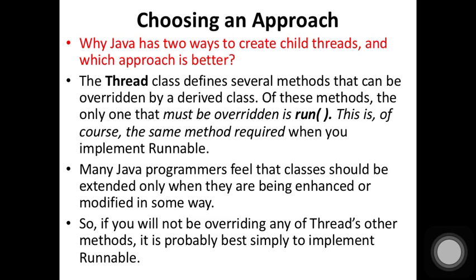This is the same method required when you implement Runnable. But interfaces have abstract methods, so we need to write our own definitions and there is no need to override existing things. We define from scratch by means of interfaces. Many Java programmers feel that classes should be extended only when they are being enhanced or modified in some way. If you will not be overriding any of Thread's other methods, it is probably best simply to implement the Runnable interface.